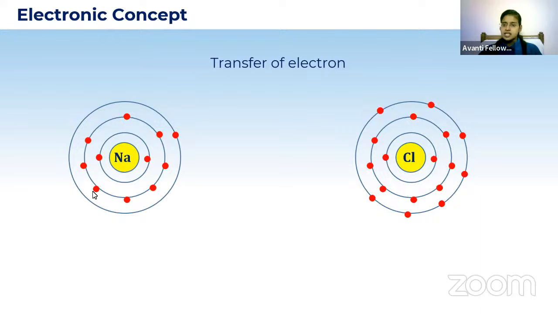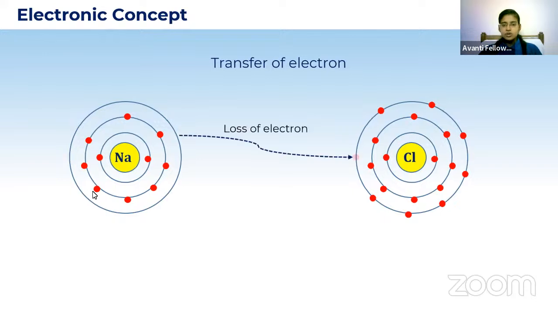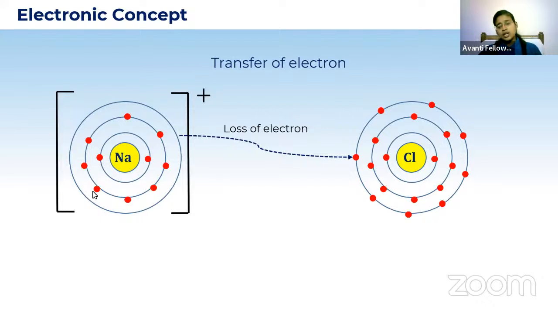Now, if sodium loses one of its electrons to chlorine, sodium will gain a positive charge since it has lost its electron. And since chlorine has gained one electron, it will take a negative charge.